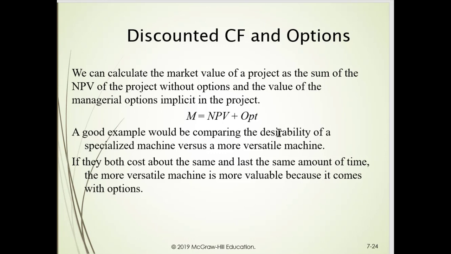So the desirability of a specialized machine versus something a little bit more versatile. Do we pick something that can only do a couple of things, or do we pick something that can do a lot of things? If they both cost about the same and they last about the same amount of time, the more versatile machine is more valuable because it has more options.